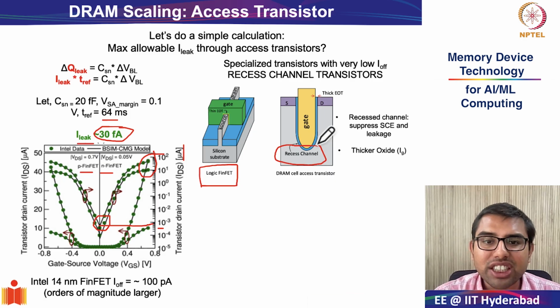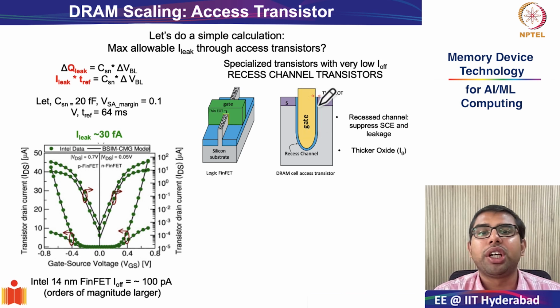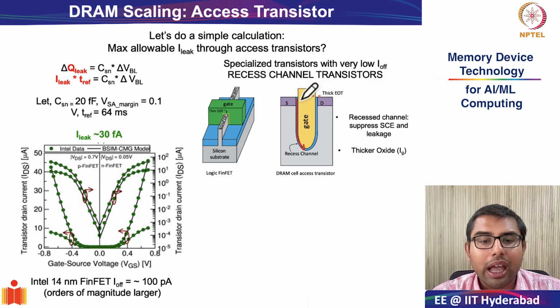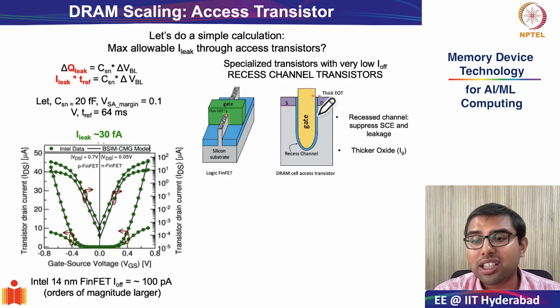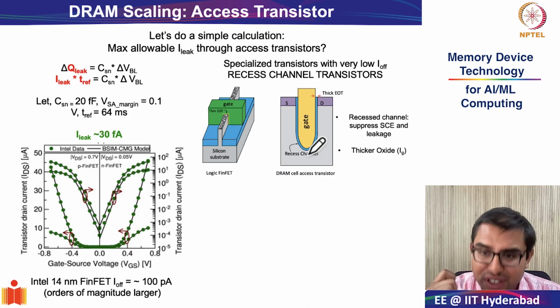So what is this recess channel transistor? In a recess channel transistor, you create a trench, and the channel is formed by digging a hole and inserting the gate finger between the source and drain electrodes. How does this help? The notable feature of this DRAM access transistor, the recess channel, really helps to reduce off-state current.